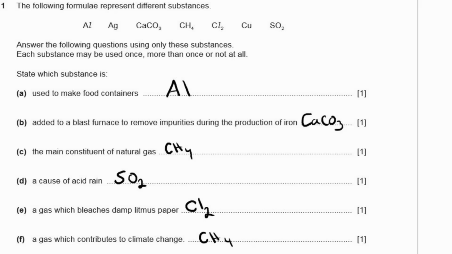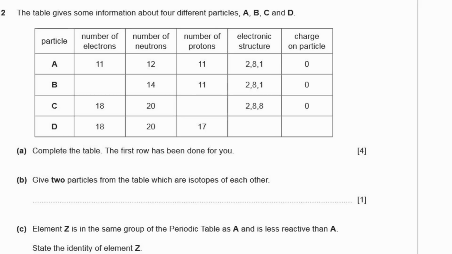All right. Question 2. The table gives some information about 4 different particles, A, B, C, and D. Part A is complete the table. The first row has been done for you. So, number of electrons. We need to find the number of electrons in B. Well, we have the number of protons here, and the charge is 0, which means that there's exactly the same number of electrons as there is protons.